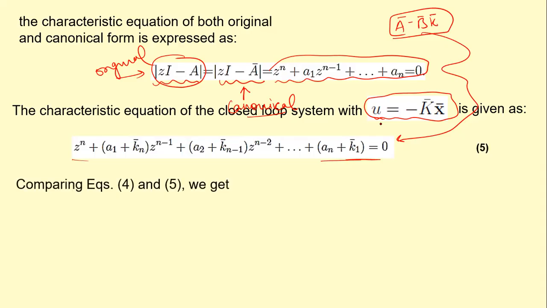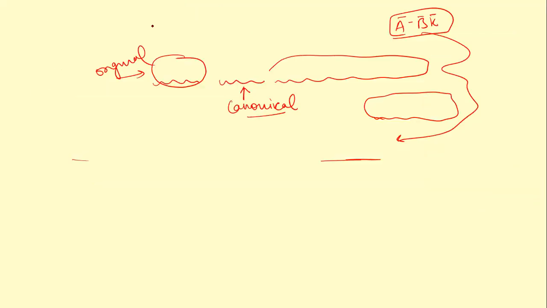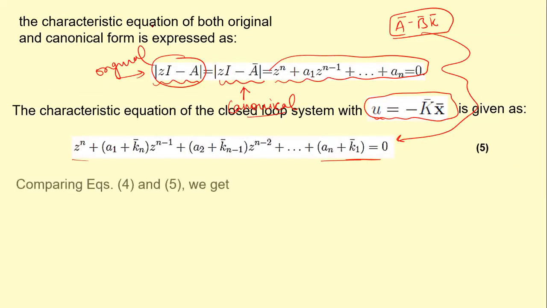If we compare equations 4 and 5, where equation number 4 is given on the last slide, this is the desired characteristic equation, z^n, alpha 1 and all that, right? So we will get the values of all these elements of matrix K bar.